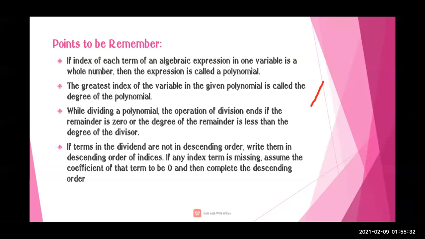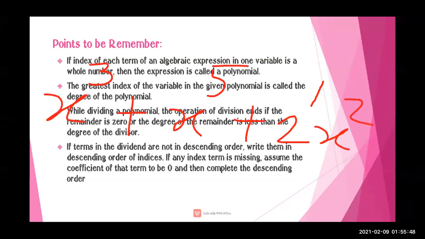For example, if it is written like this, x^3 + x^5 + 2x^2 + x + 6. See, here the degrees are written 3, 5, 2. Is it clear?